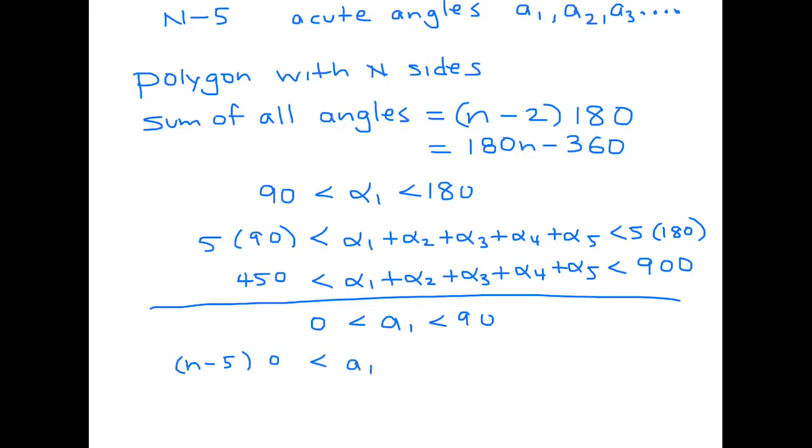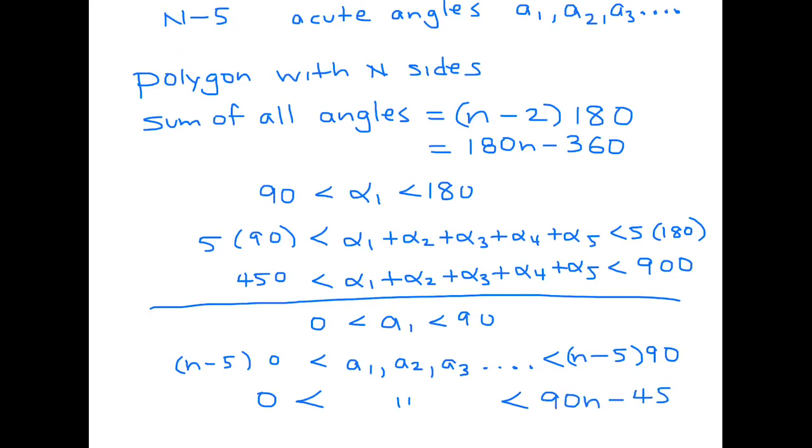So all of these, A1, A2, A3, dot, dot, dot, we don't know how many there are, is less than n minus 5 times 90. So this just becomes 0 is less than 90n minus 450. Okay? So I'll call this relationship 1, and I'll call this relationship 2.